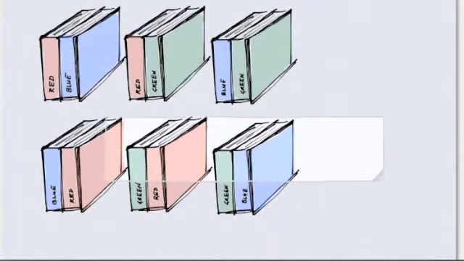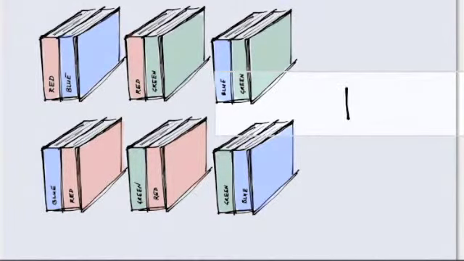Now, how can we compute the number of possible ways of organizing the bookshelf? We could easily do that by considering the spaces in the bookshelf.